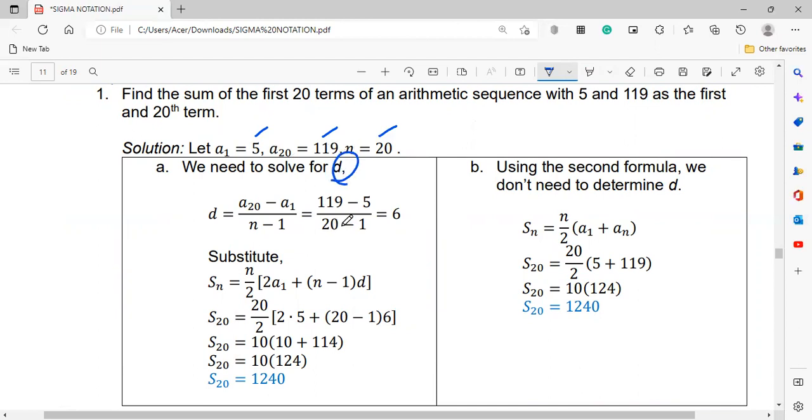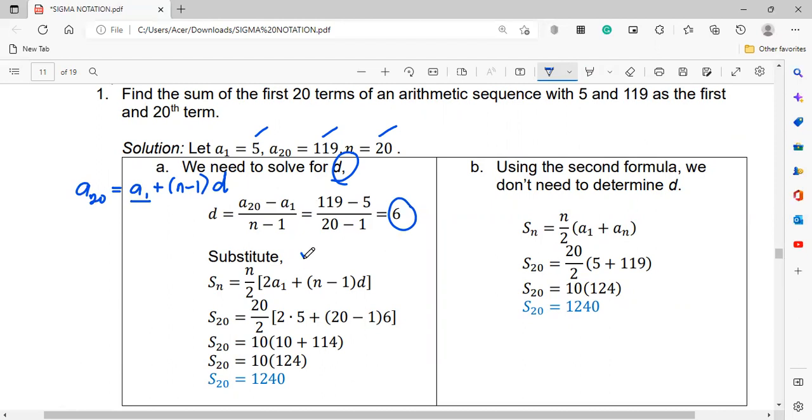So the common difference is a sub 20 minus a sub 1 over n minus 1. Okay? And nanggaling lang yan sa a sub 20 is equal to a sub 1 plus n minus 1 times d. So nilipat natin si a sub 1, naging a sub 20 minus a sub 1, then divided by n minus 1. So the common difference is 6.